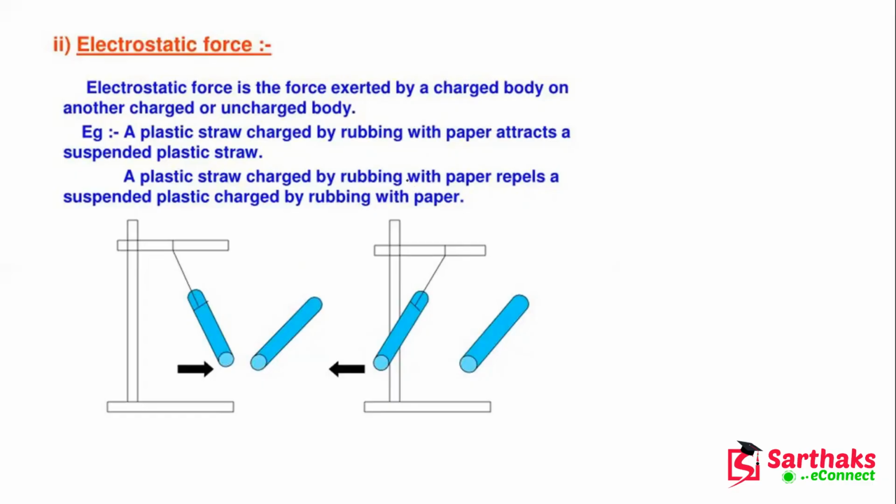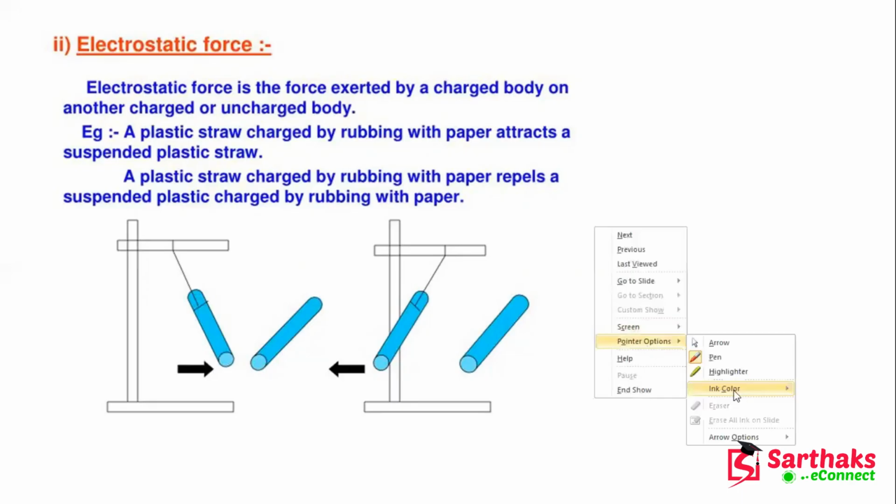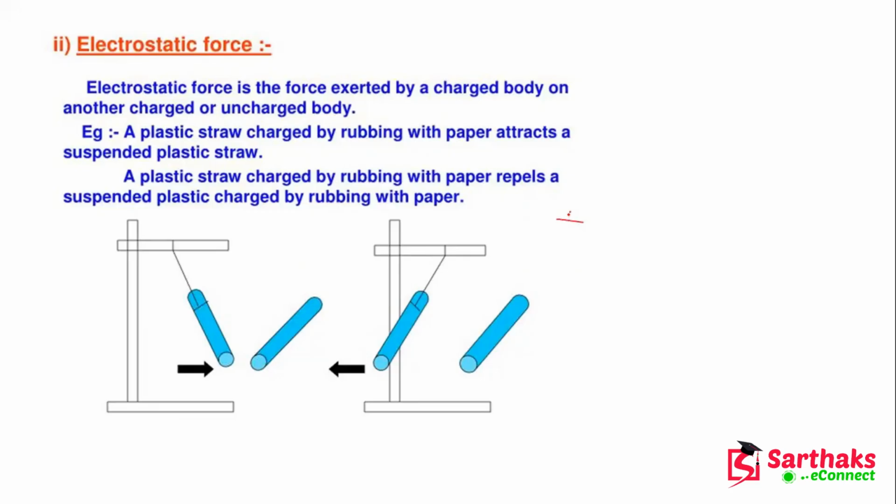Suppose I have an object whose surface has some positive charge, and another object that has some negative charge. So they will attract each other.